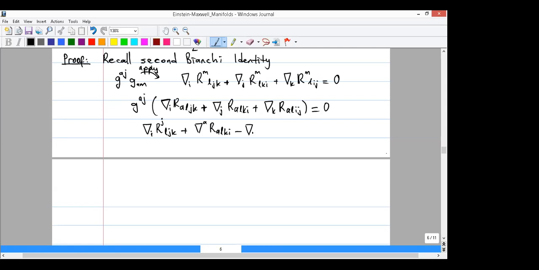Later it will be known why I'm doing this, because there is this contraction in the first and third indices that will give me a Ricci tensor. I just swap these two indices and take a minus sign here, and that is equal to 0.